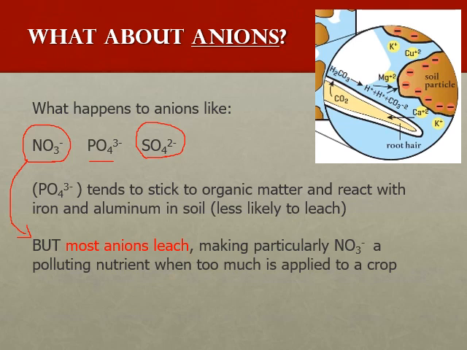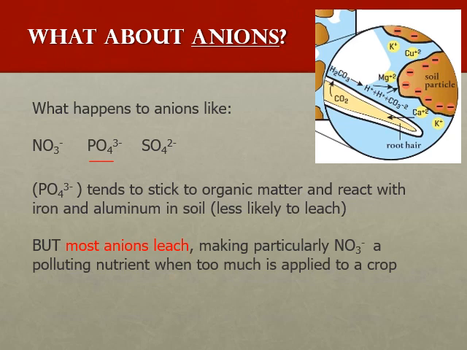But if they over apply at a rate that's beyond what the plant can use, there's nothing in the soil to hold on to that. So some people like to use slow release fertilizers, but at the end of the day, if you are not matching the plant's needs, those nitrates and sulfates are just going to wash into the groundwater and pollute it.